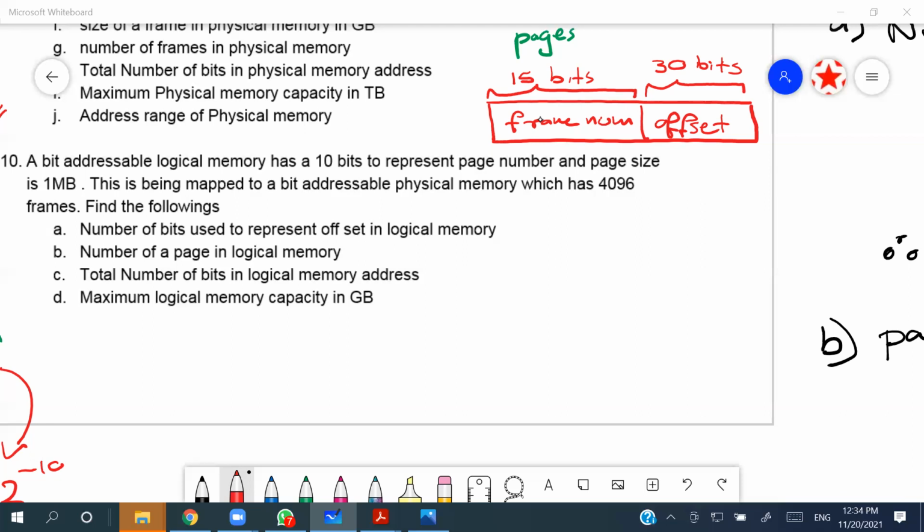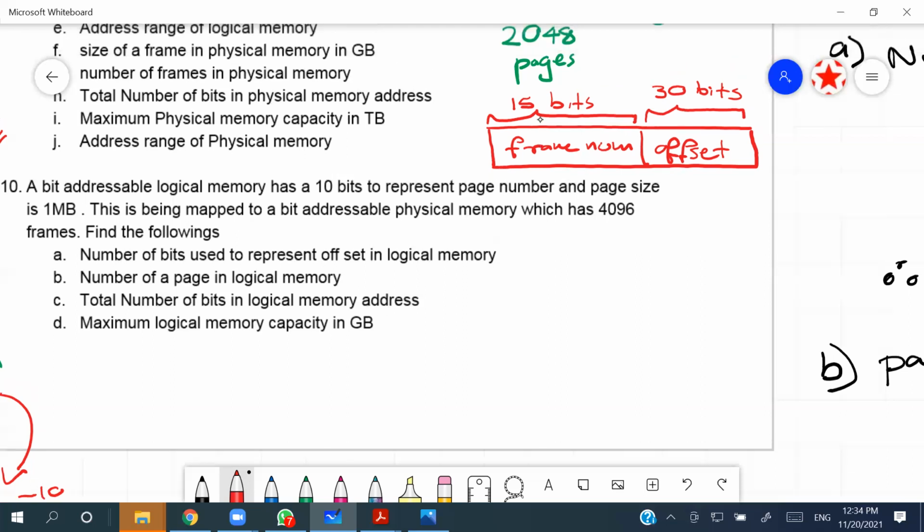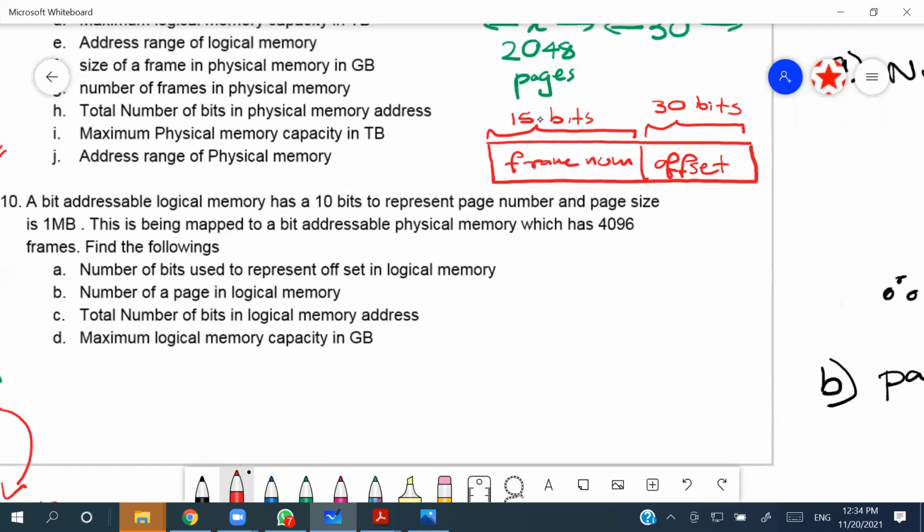Right. So the 10th one, the final one. A bit addressable logical memory has 10 bits to represent page number and the page size is 1 MB. So here we draw the sketch.